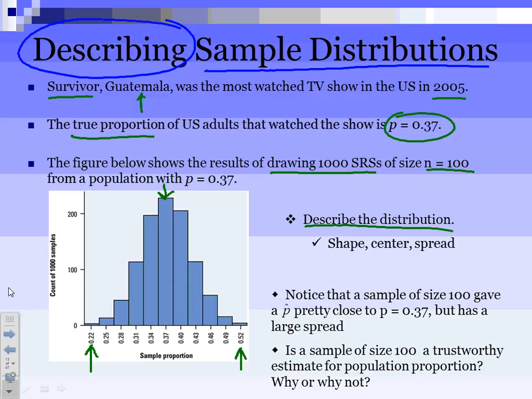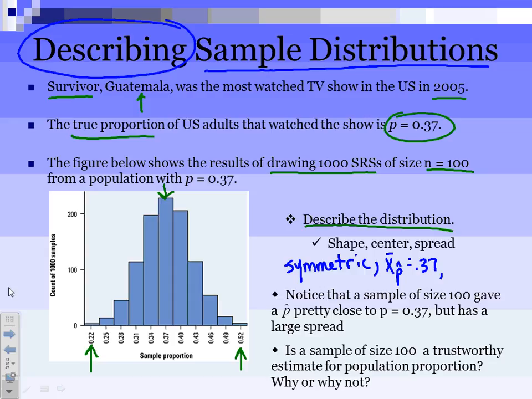And that's the same idea as it was back in chapter 1. So when we say shape, we are going to say that it is symmetric. As far as the center, we would say that the x bar of p hat is approximately 0.37.